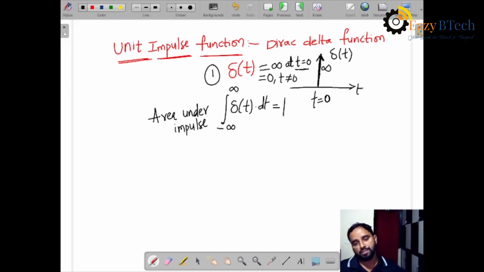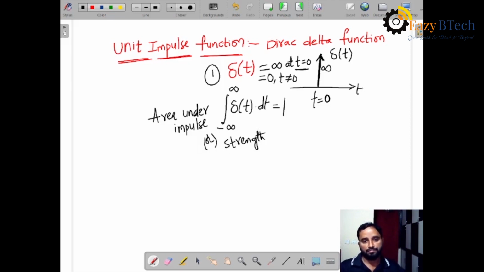Area under the impulse is always 1. We can also call it area or strength. The strength of the impulse is 1. This is the impulse function.